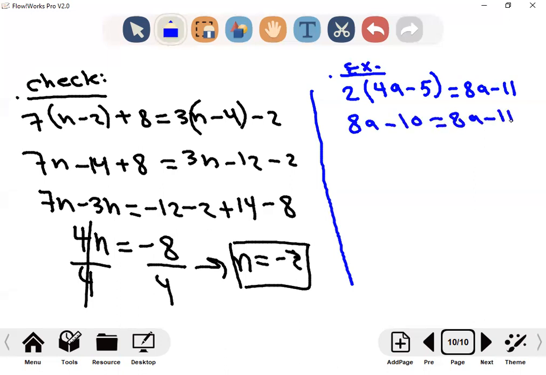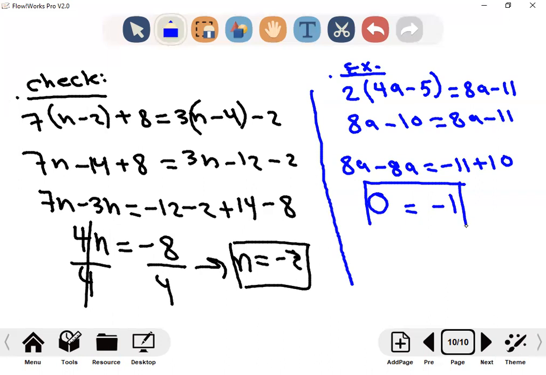So now let's put the a's together. So here we have 8a minus 8a equal negative 11 plus 10. Here we have what? 8a minus 8a, 0, equal negative 1.